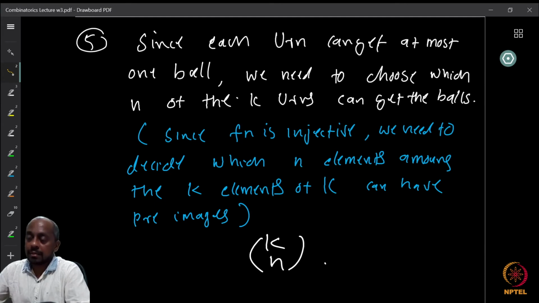So that is choosing n of these urns from the total available k urns. So that is the solution: k choose n.